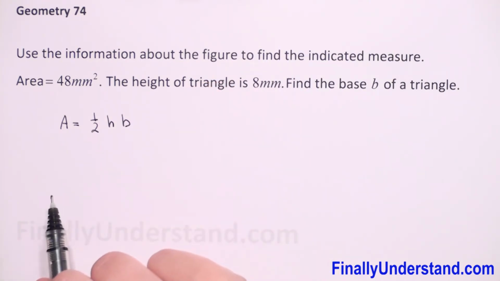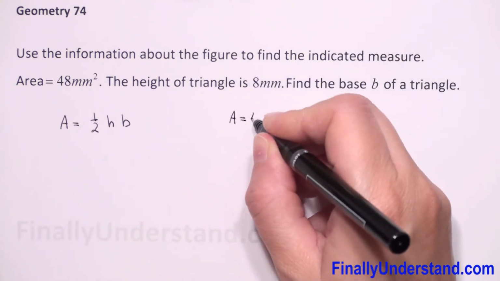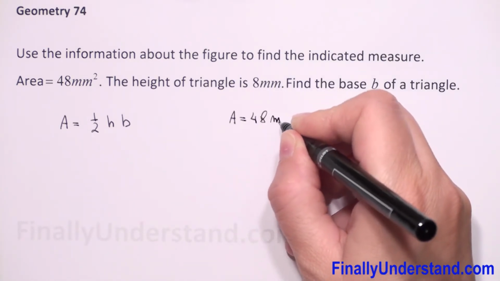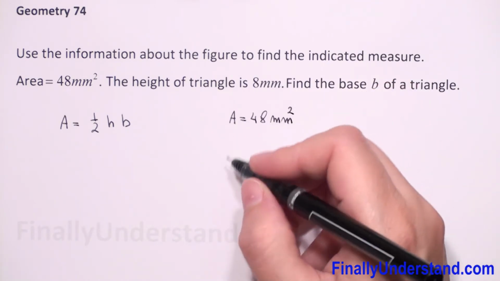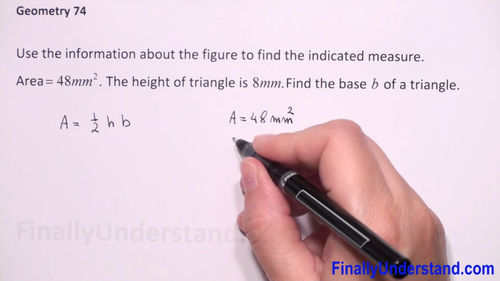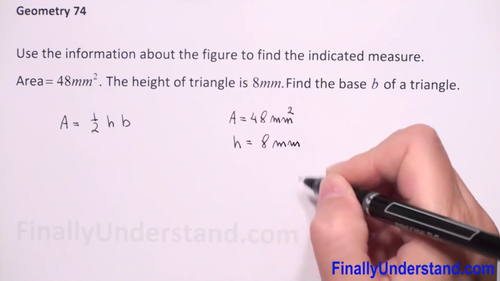In this example, we are given that A is equal to 48 square millimeters, and the height is 8 millimeters.